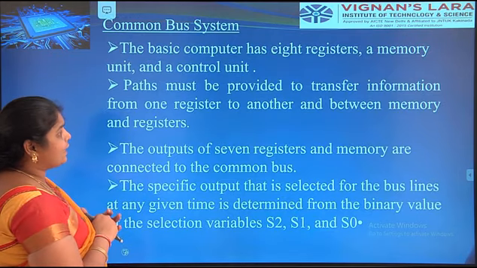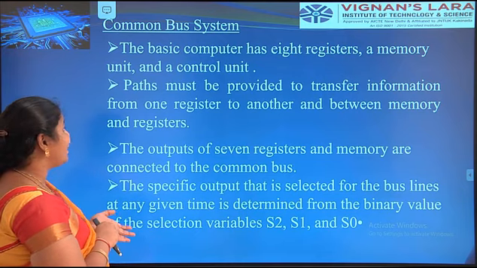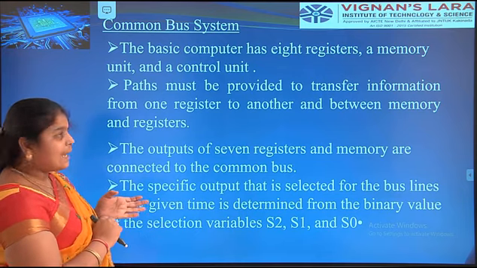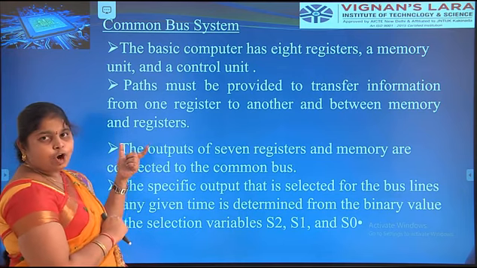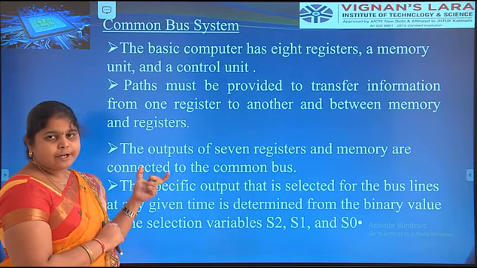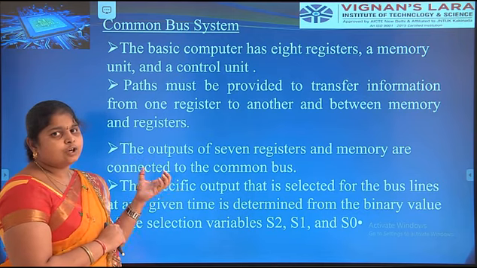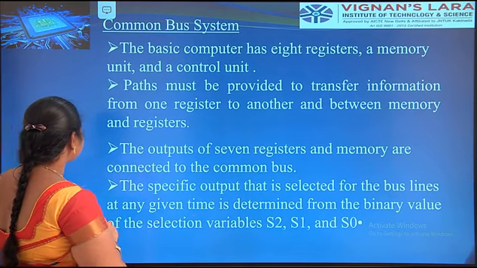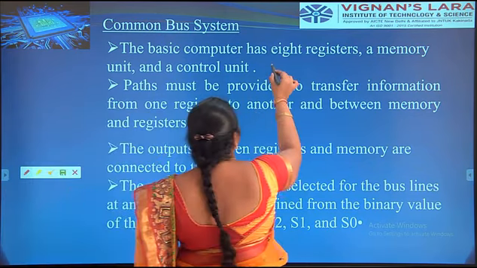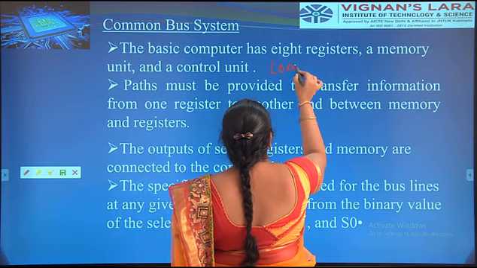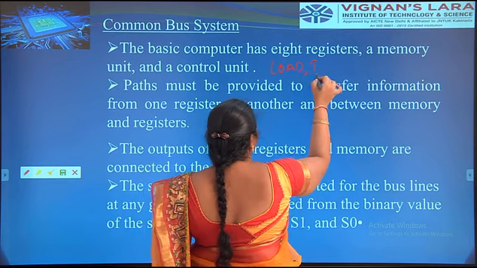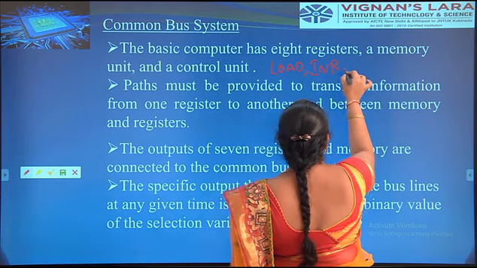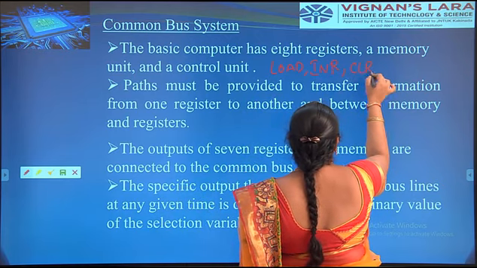Okay, the basic computer has 8 registers, a memory unit and a control unit. The memory unit, on top of the common bus, holds 4096 words of 16 bits, and the control signals are load, INR and clear. CLR means clear.